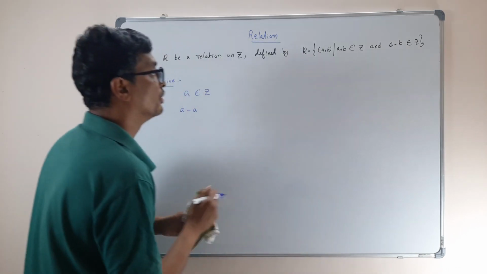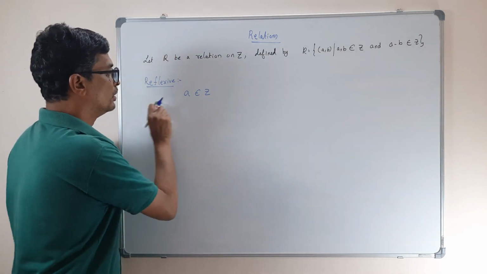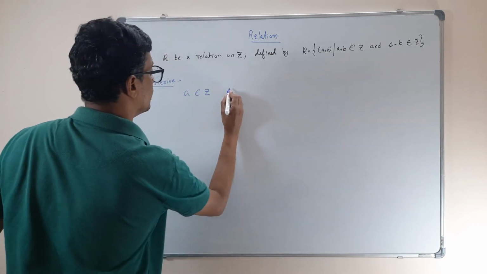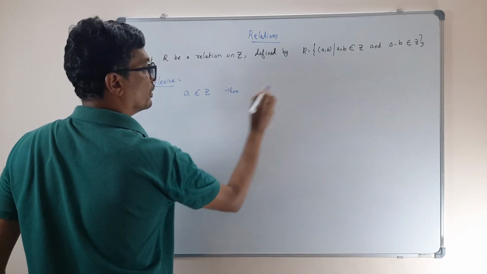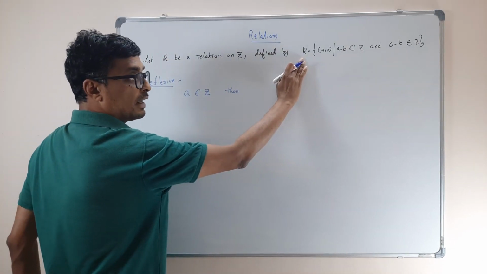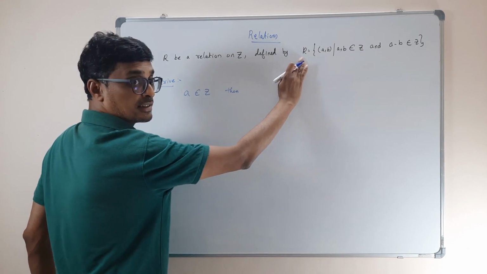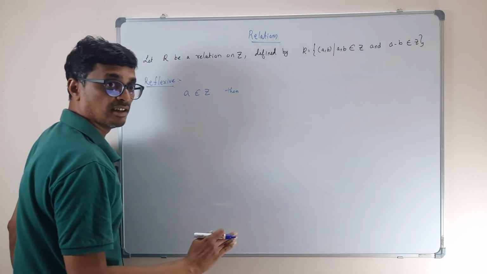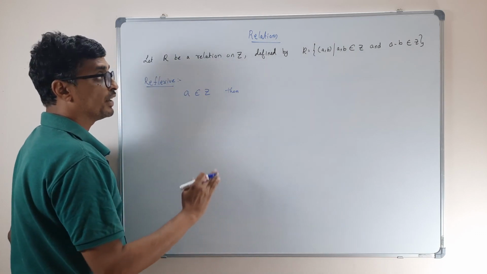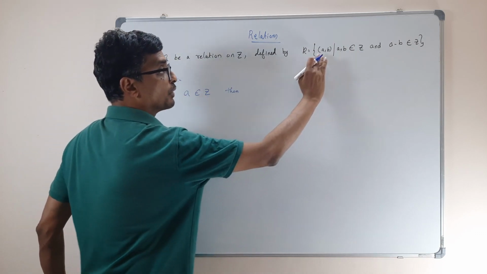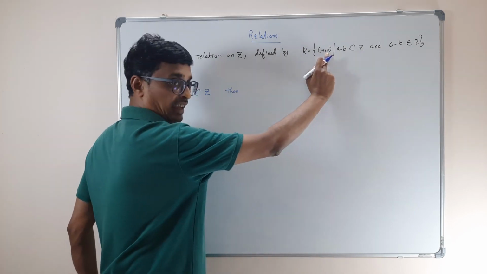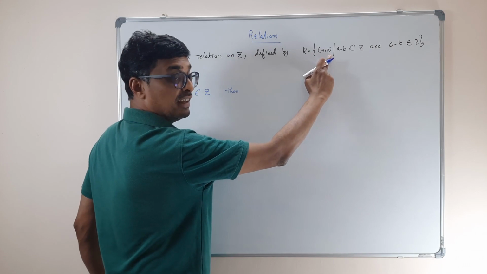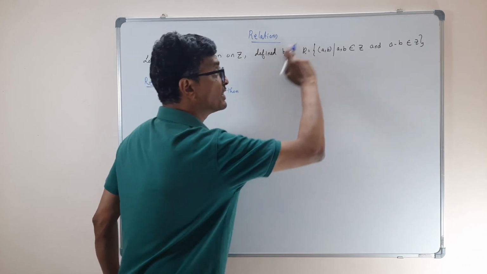The relation R demands that A minus B should be an element of Z. In the reflexive case, if I replace B with A, we have to show whether this still satisfies the relation.